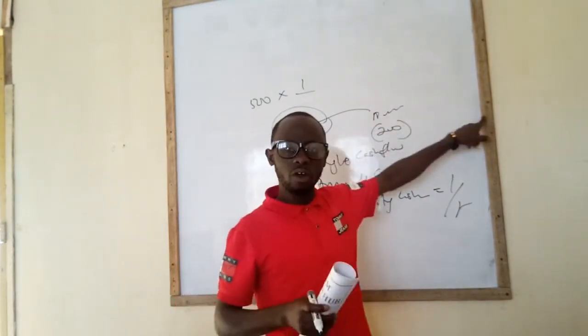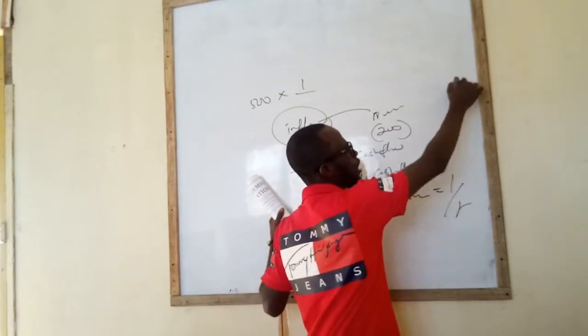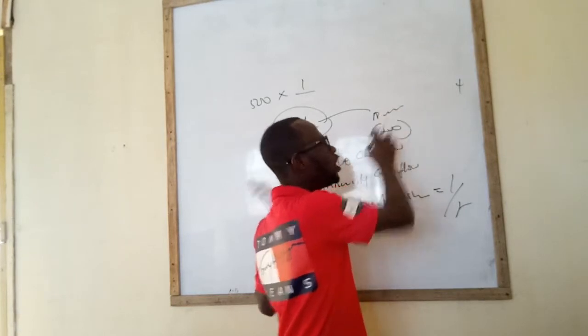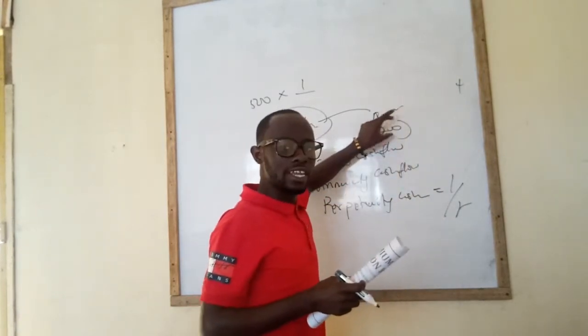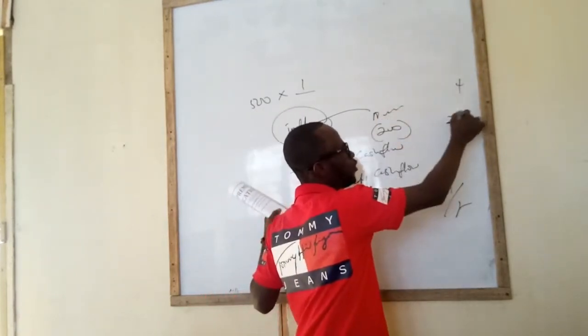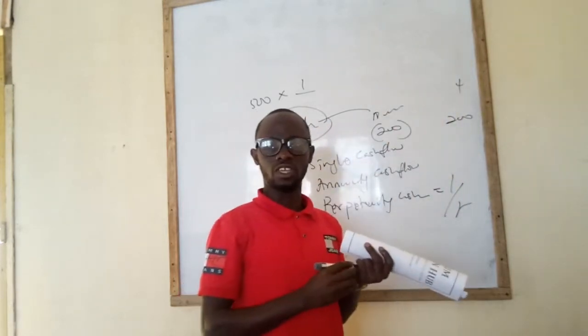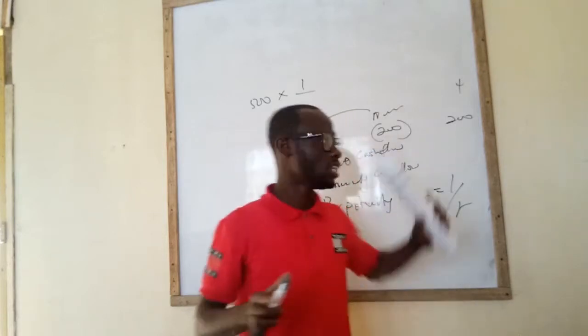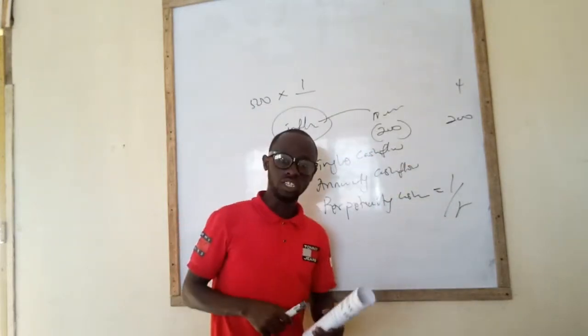But at the end of the project, let's say the project has a lifespan of 4 years, this 200 Ghana cedis, which was an outflow in the second year, will become an inflow in the fourth year. That is what you have to understand. Unless the examiner tells you otherwise, this is a very key aspect you need to understand.